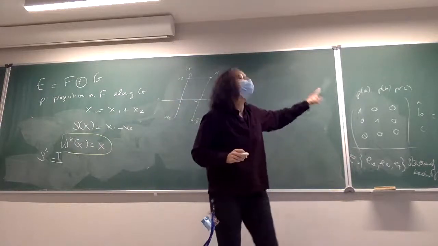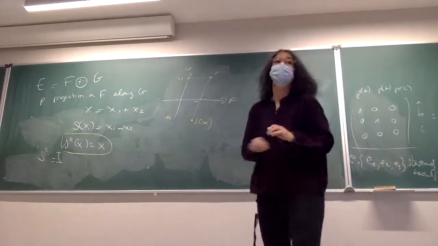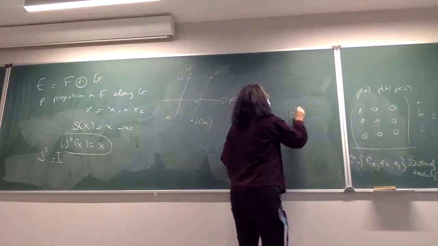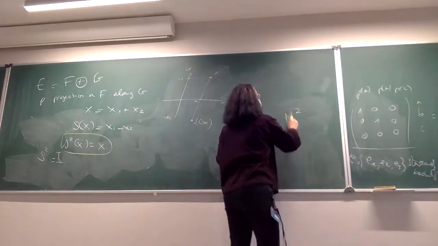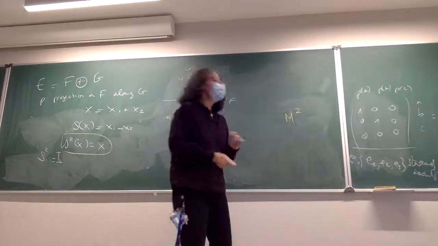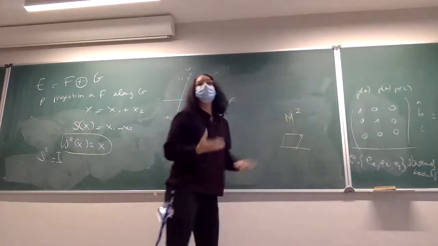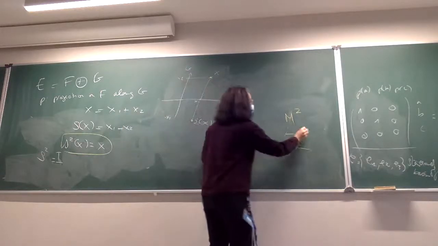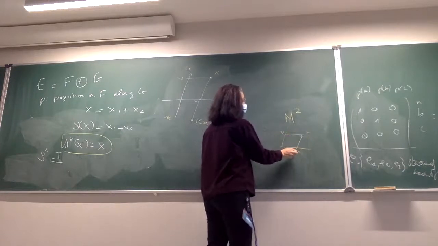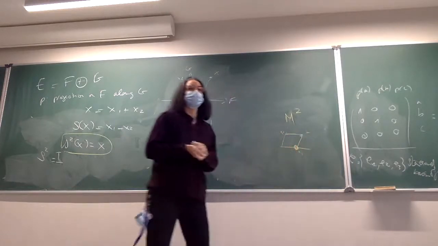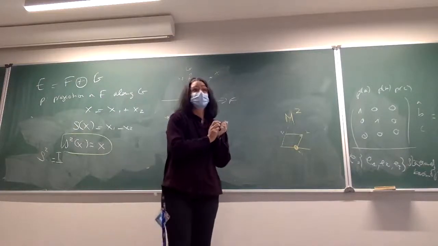Let me go back just one second to the projection, because I forgot to say this. What's happening if you square the projection matrix, which we have called M? Same thing. Let's keep this image in mind. You've got your point, the x1, the x2. You project x on that direction, and so you just keep x1. Apply the projection again. What do you get? x1 again.